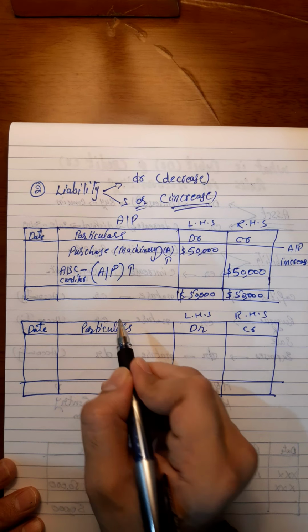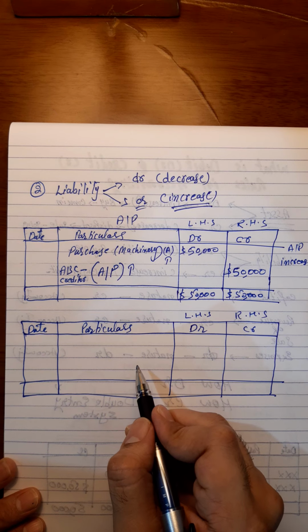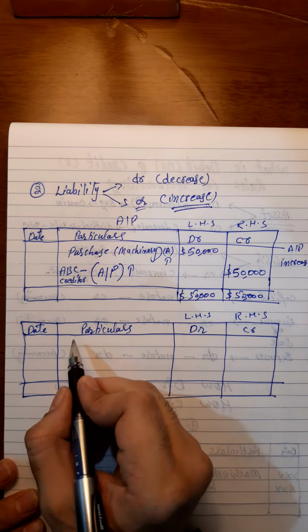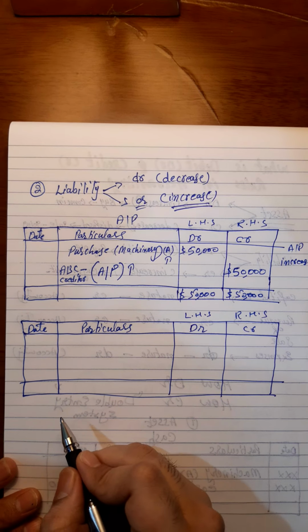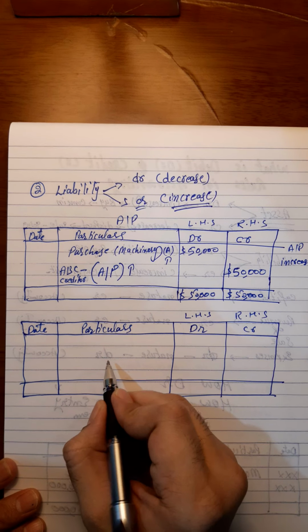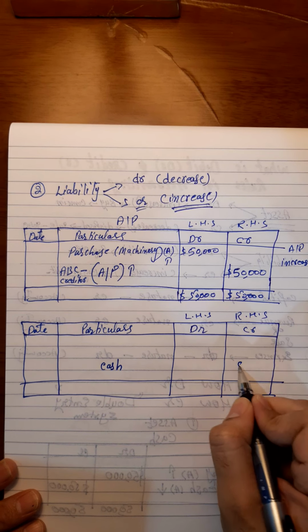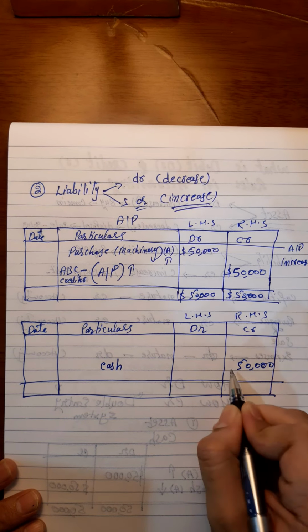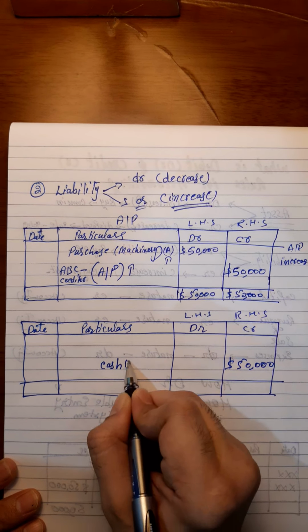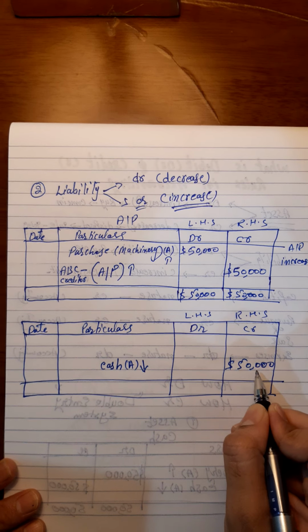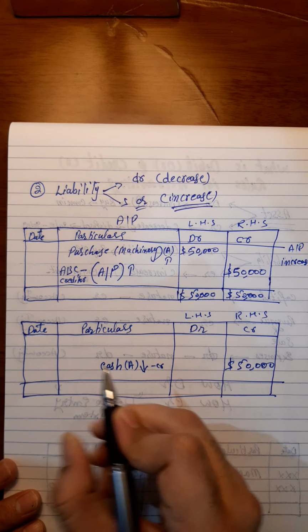And friends, now we pay to ABC company. So what will credit? Our cash will go, $50,000. Cash is an asset. Cash is going. Cash is decreasing. It is credit, right?